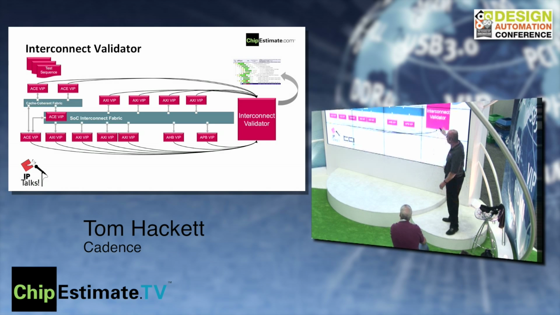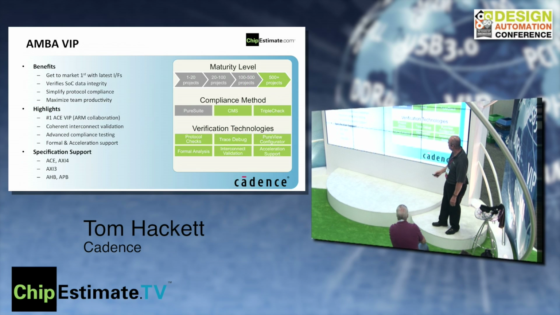And so the Interconnect Validator has the ability to handle this for coherent fabrics as well. All that data gets monitored and tracked over here in Interconnect Validator. And once again, your simulation results get displayed back against the vPlan so you can make sure that you're covering your protocol. Okay? All right.